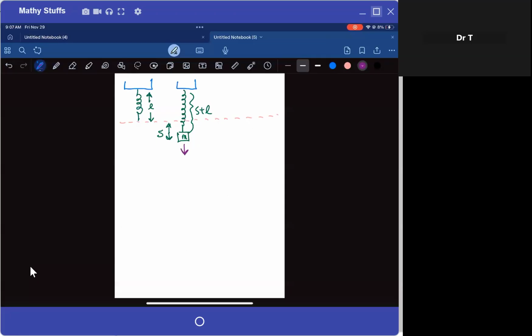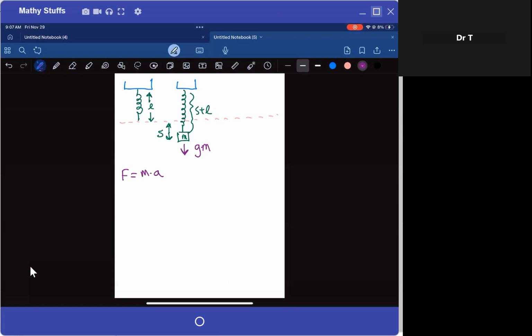Well, we have gravity. This mass is accelerating toward the center of the Earth with the force G times M. What I'm using here is Newton's second law: the force is mass times acceleration.